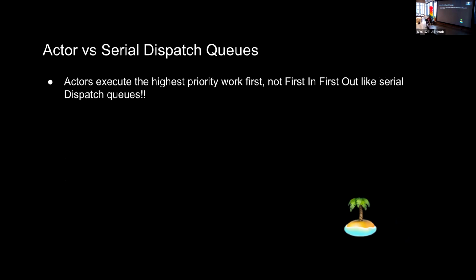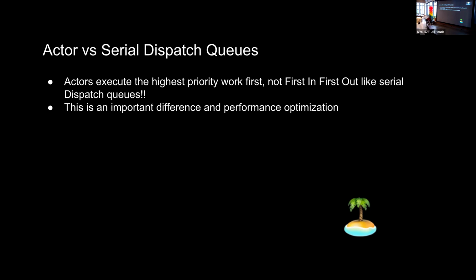So this was an interesting point. Because back in the day with this image downloader, I just did .sync if I wanted something to run in a linear order. So what's different? Well, actors are smarter. This is going back to what I'm saying about under the hood, they're doing things to be even better than what they're replacing. So actors execute the highest priority work first, not in a FIFO, first in, first out, like a serial queue would.